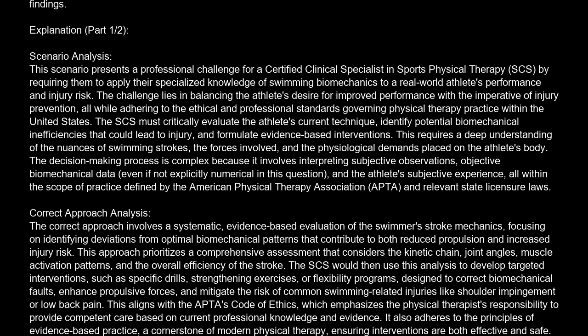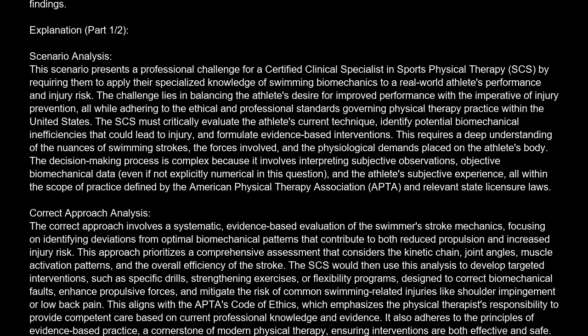The SCS would then use this analysis to develop targeted interventions, such as specific drills, strengthening exercises, or flexibility programs, designed to correct biomechanical faults, enhance propulsive forces, and mitigate the risk of common swimming-related injuries like shoulder impingement or low back pain.